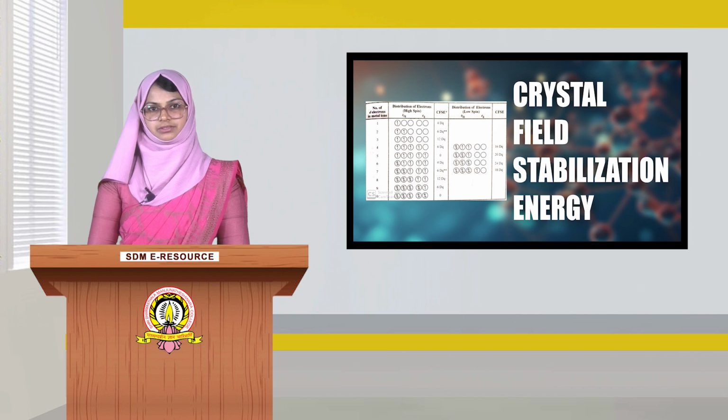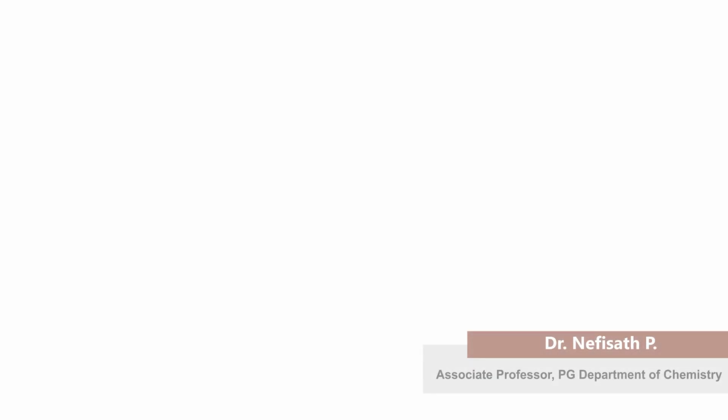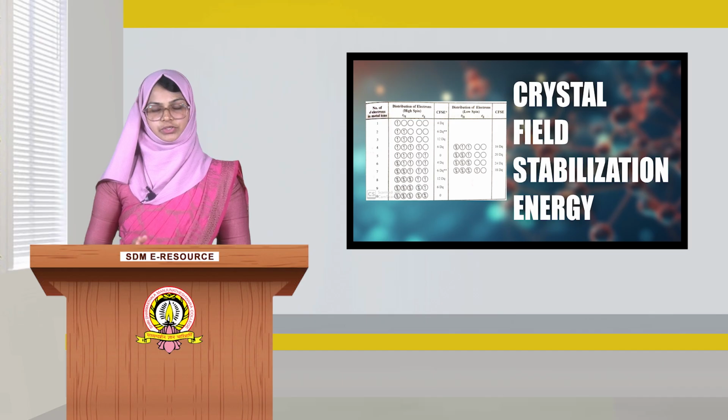We have said that in the octahedral complexes, the degenerate d orbitals are split into two levels, T2g and Eg. When the first electron enters the octahedral complex, it will prefer to move to the lower energy T2g level.